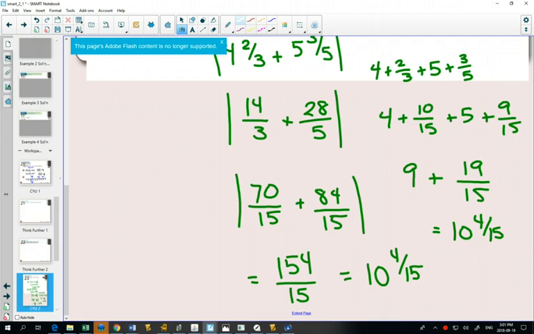You can add mixed fractions that way as well. The nice thing about what was done on the right is we didn't run into very many big numbers. Like here, I had to multiply 14 by 5. I don't know how good your 14 times table is. Here you had to multiply 28 by 3. How good is your 28 times table?